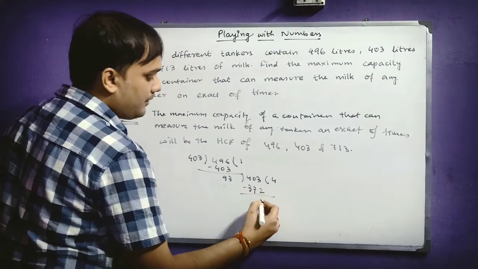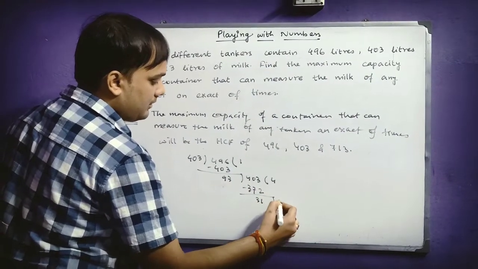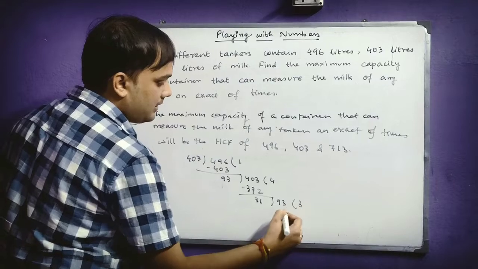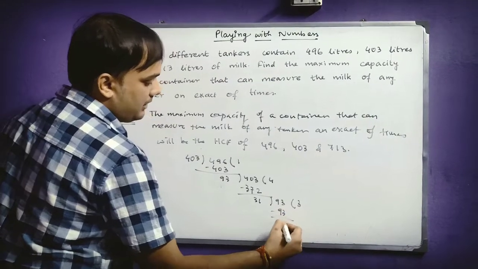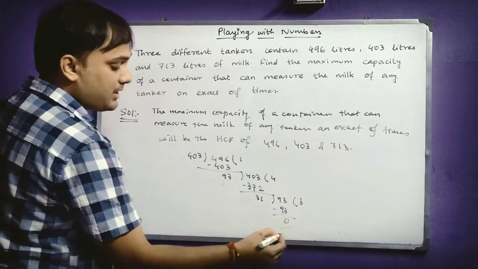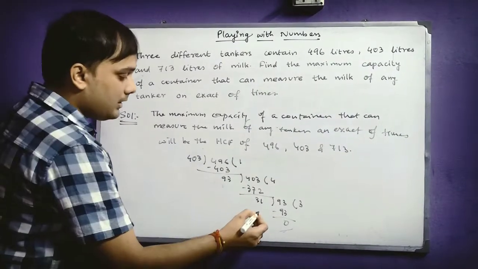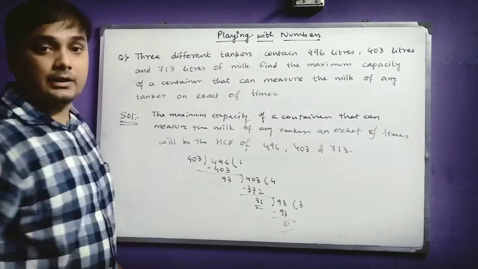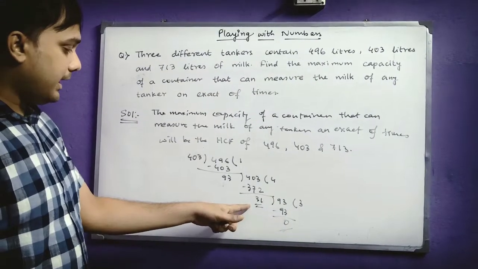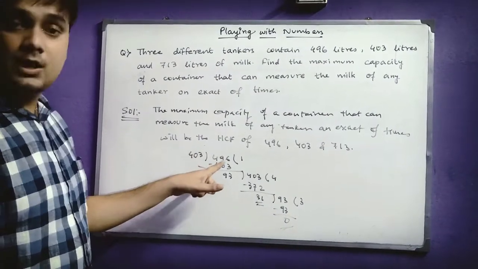Here we will get 31. You see, students, see here that you are getting the remainder 0. So what is the divisor at this step? 31. So 31 is the HCF of 403 and 496.